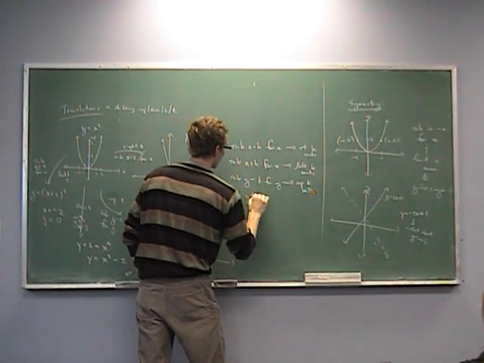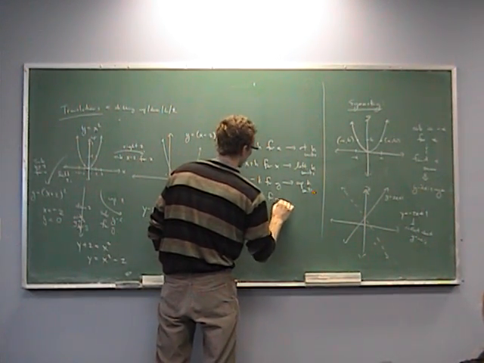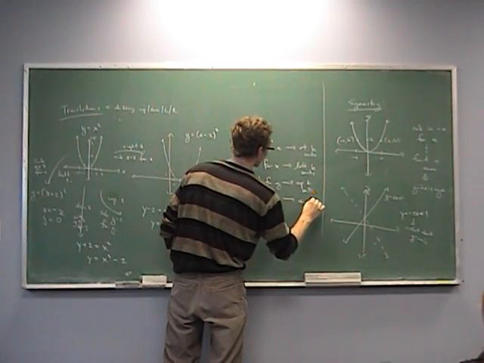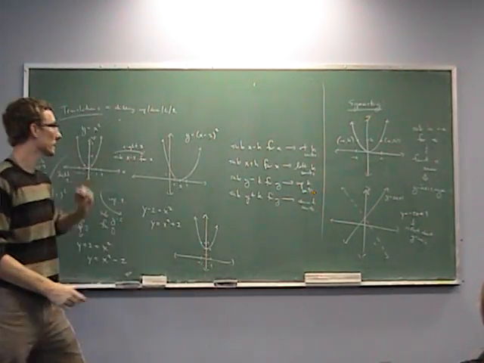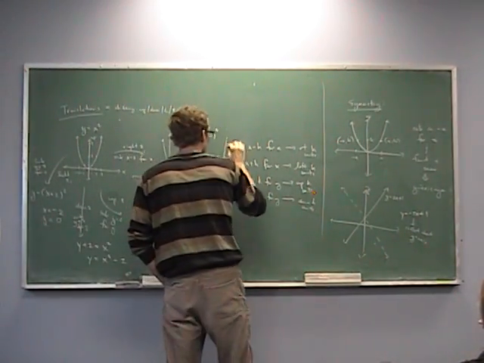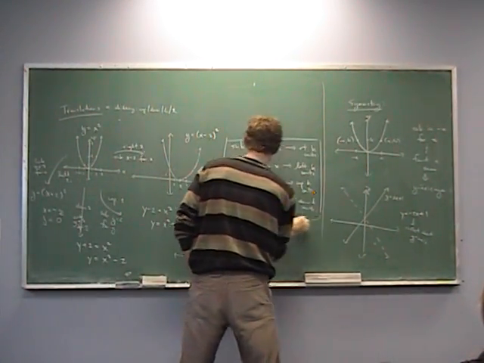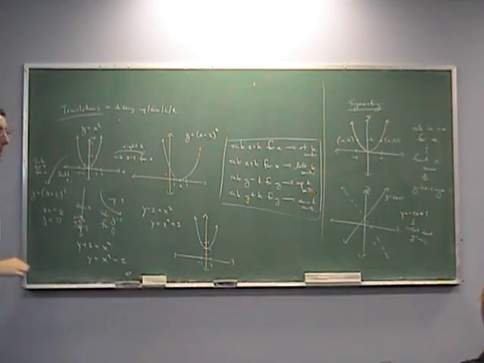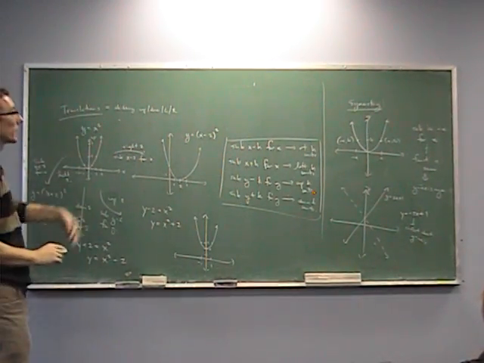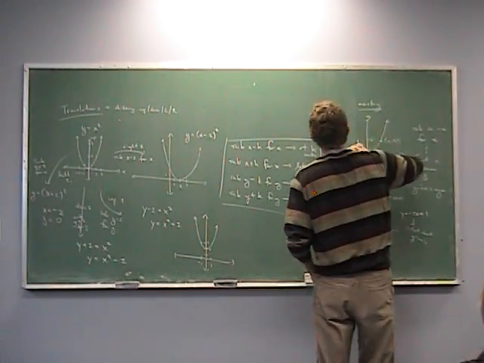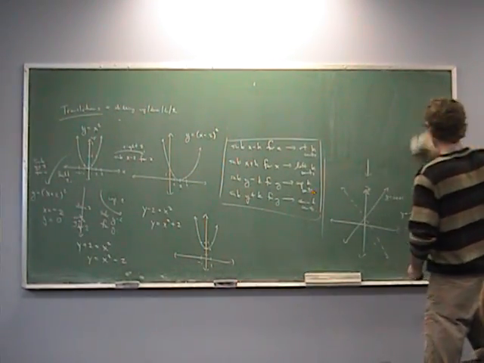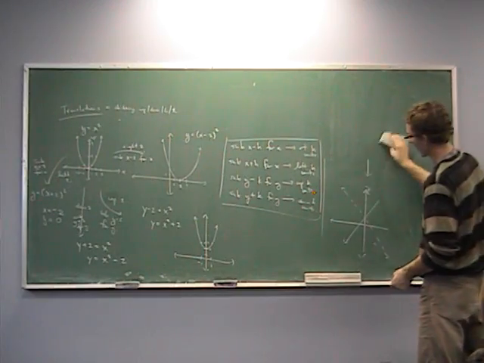And subbing in y plus k for y moved us down k units. But with this box of tricks here, I should be able to take any function and move it any amount. I can move it up, down, left, right, whatever. I can move it all over the place by just making simple substitutions.